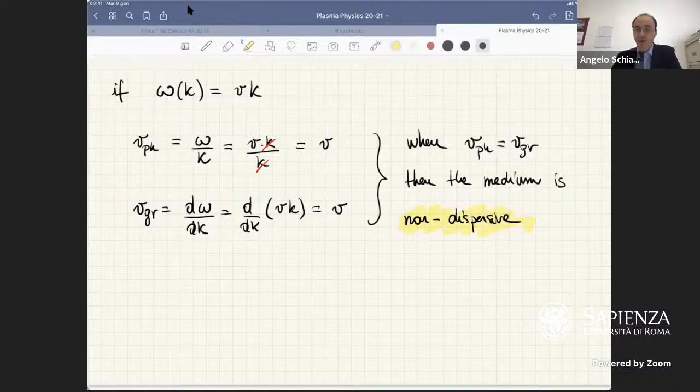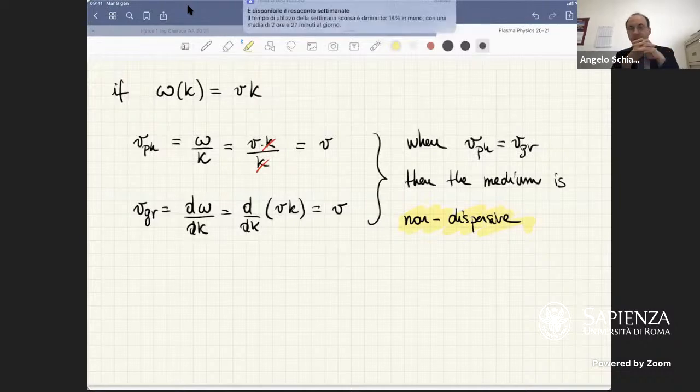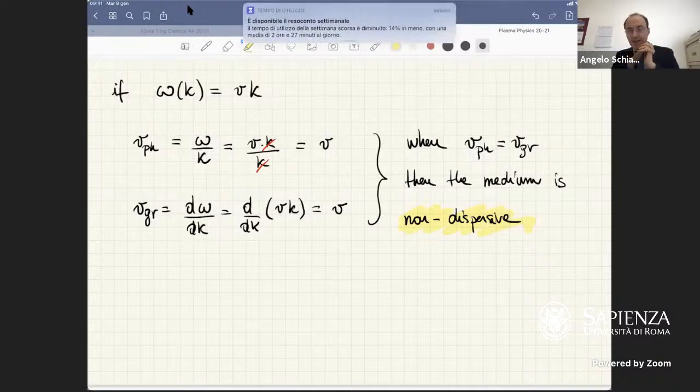An example of a non-dispersive medium is vacuum for the waves that are using vacuum as a medium. Sometimes it seems a contradiction in classical physics that we have a medium that can transport energy and momentum, which is the vacuum.